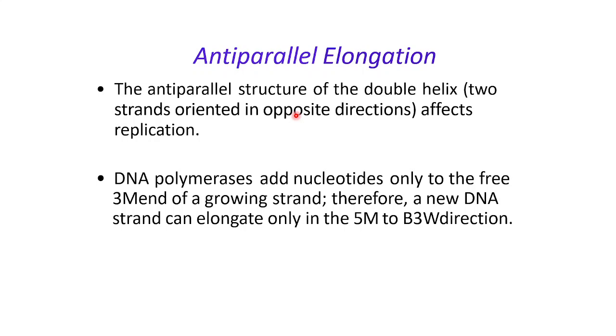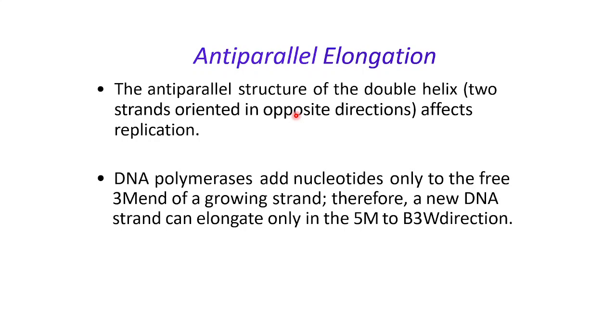But DNA polymerase can only elongate from the 5' to the 3' direction. That means it will take the 3' to 5' strand and start elongating from the 5' to the 3' end. But what happens to the other strand that is running from 5' to 3'?